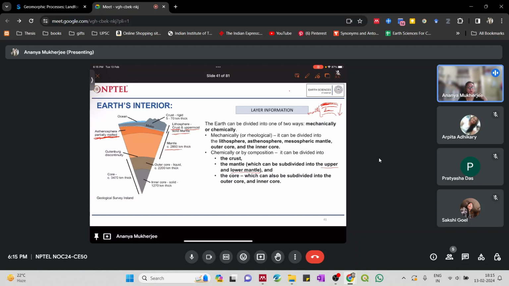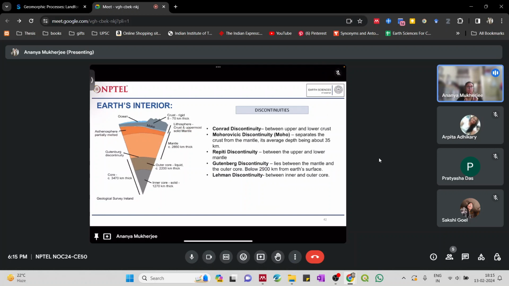Then we already know, based on the physical state, that the core itself has the liquid outer core and the solid inner core. Okay, so even compositionally there is a slight variation in these. So hence the image that you see on your left is mostly a combination of both the kinds of classifications that we discussed over here.